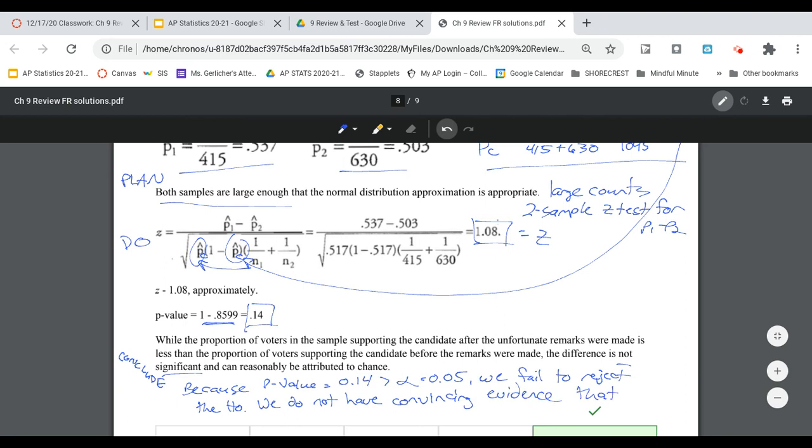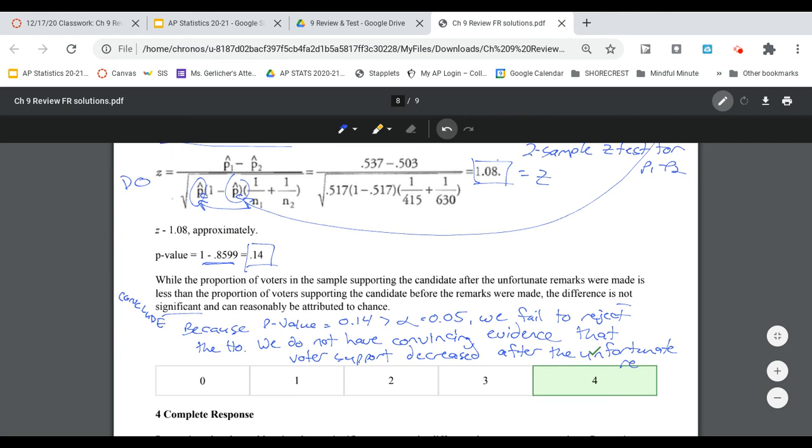That the HA. So the HA is that voter support, I don't know, I'm going to say decreased after the unfortunate remarks. You could phrase that lots of ways. Okay, so that would be a conclusion that would match our sentence stem. Okay, that's it.